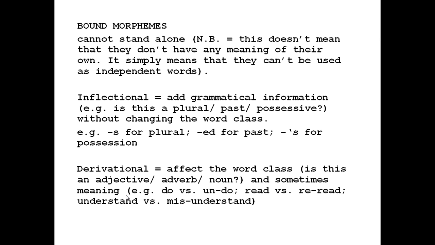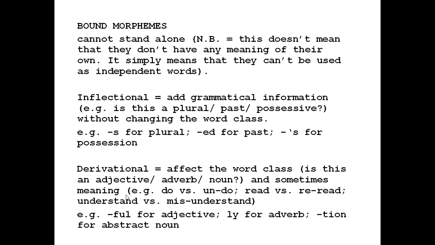Okay, those are inflectional morphemes. They don't give you information on the word class, they give you information on the plural or the tense. Okay, right. The person as well.